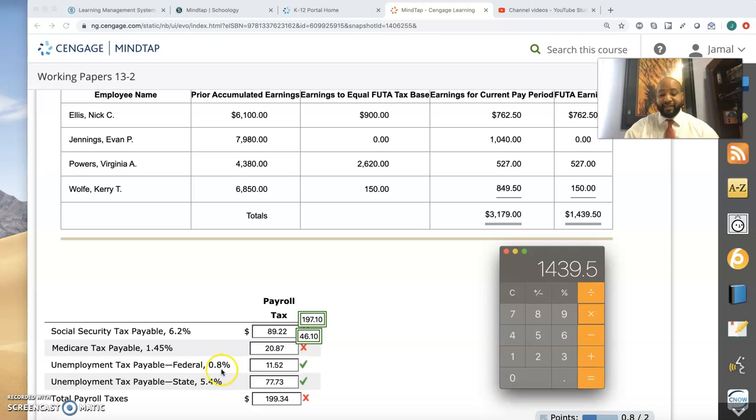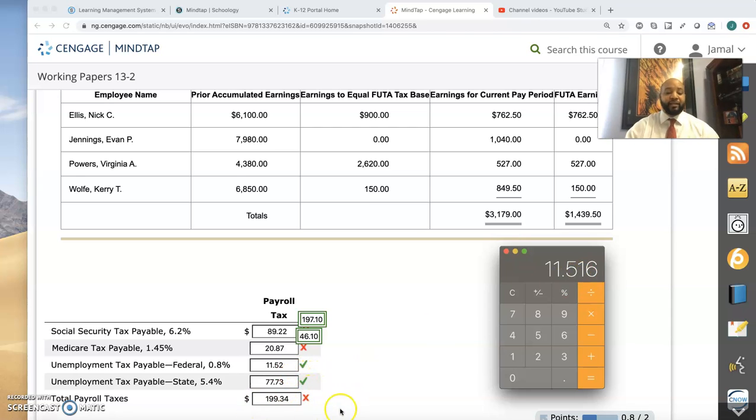So remember, when you turn a percent into a decimal, you have to move the decimal twice. So that's times 0.008, right? Good, and that's $11.51. We'll round that up to 52 cents.